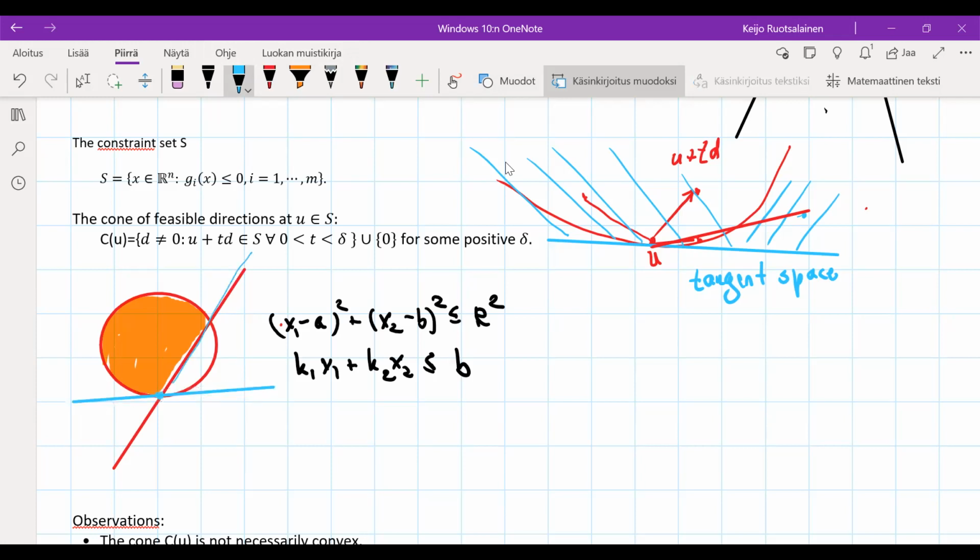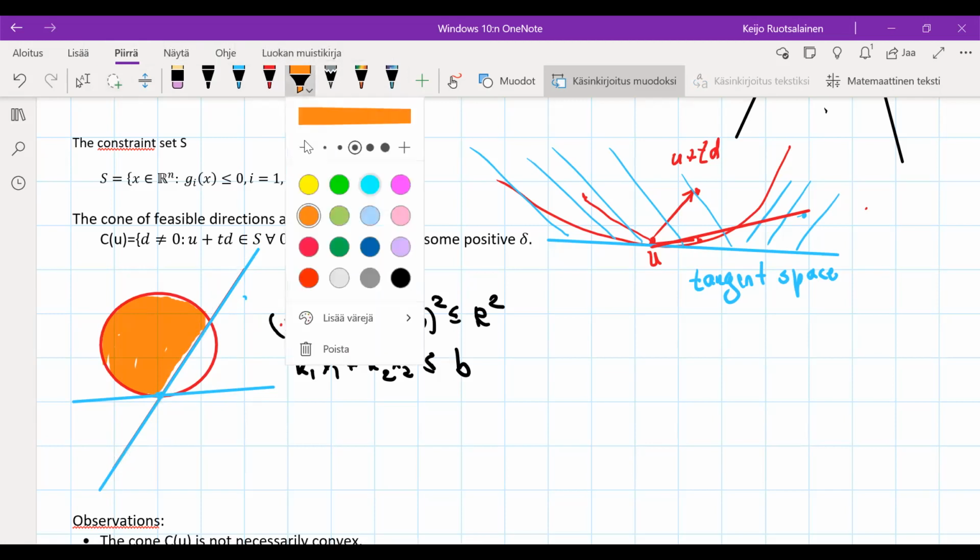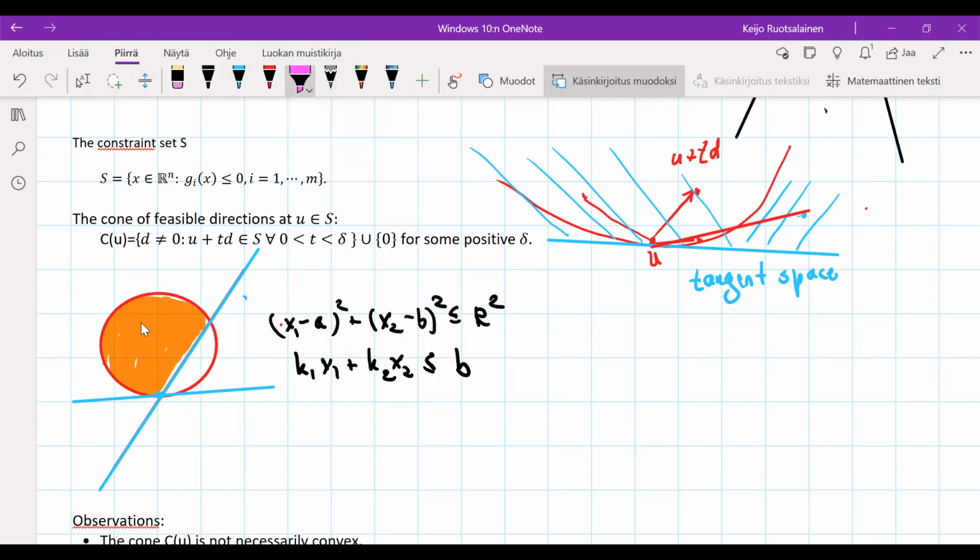So we have here, like this. And now the cone of feasible direction is here.